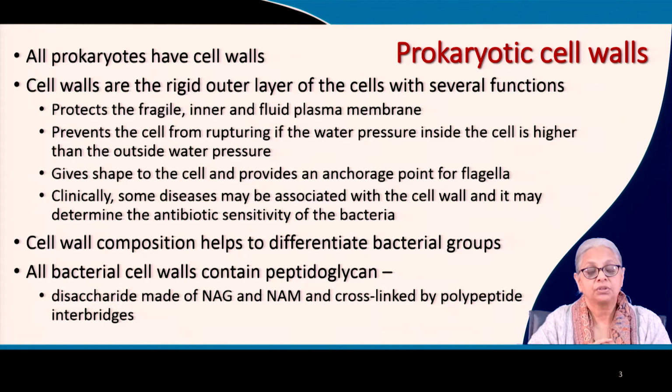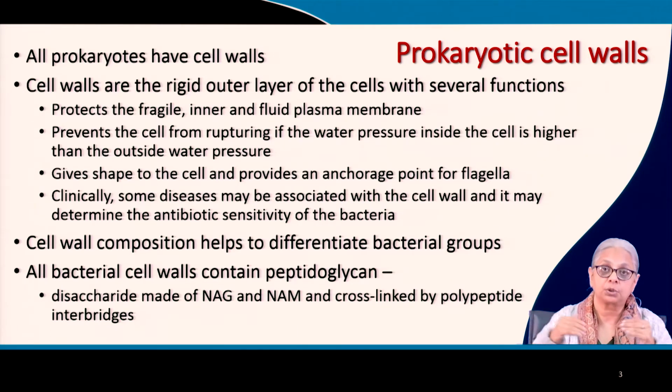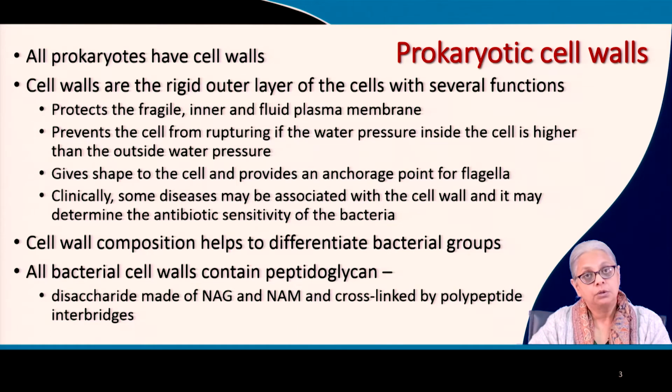Then we come to cell wall composition. This cell wall has different chemical composition in different bacterial groups or species. So that's another marker for differentiating different types of bacteria. What is common to all these modern bacteria is that all bacterial cell walls contain a chemical called peptidoglycan. So this peptidoglycan has two parts to it.